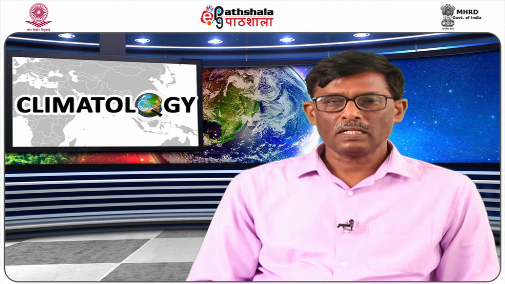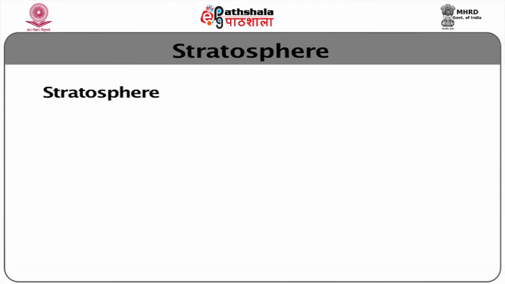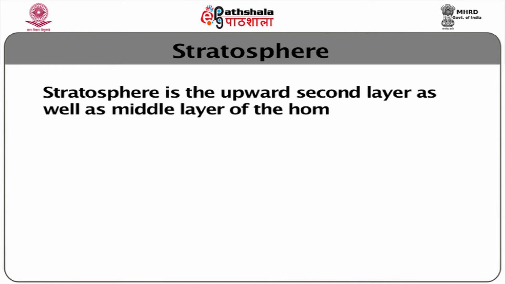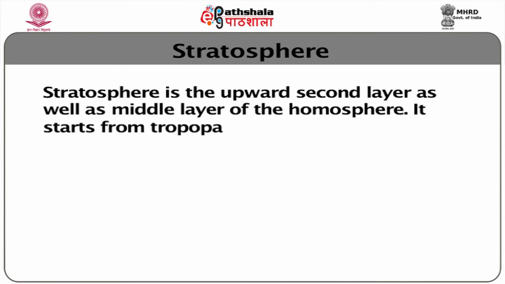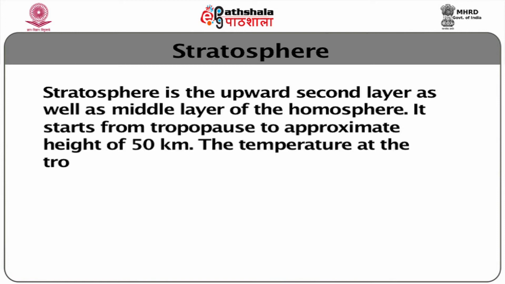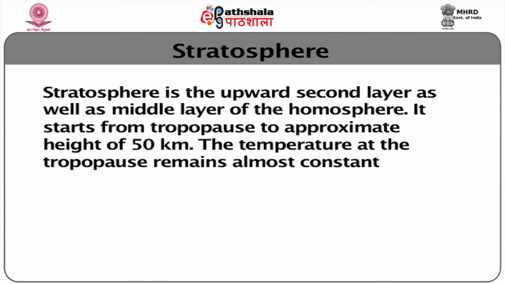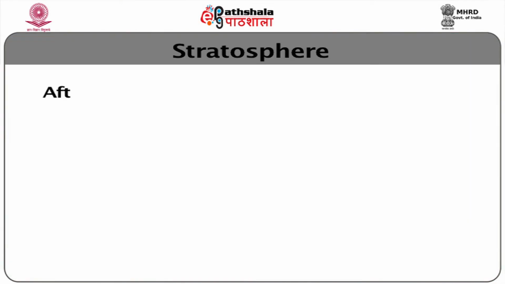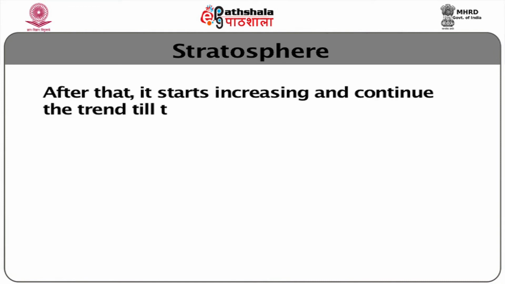Now, coming to the stratosphere. The stratosphere is the second layer upward as well as the middle layer of the homosphere. It starts from the tropopause to approximately a height of 50 km. The temperature at the tropopause remains almost constant till a height of about 20 km. After that, it starts increasing and continues the trend till a height of about 50 km.